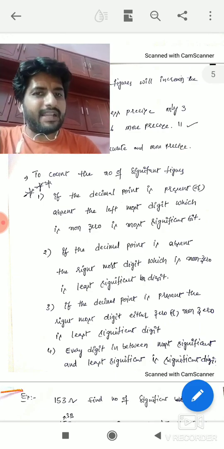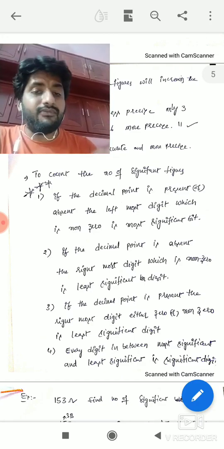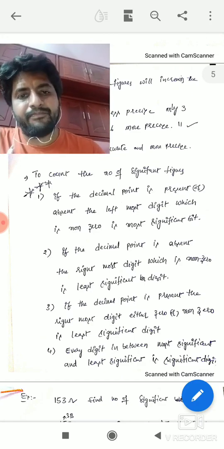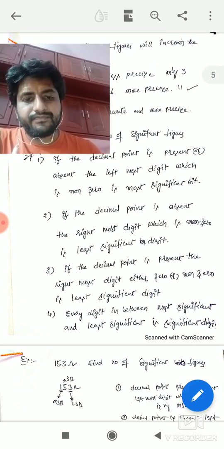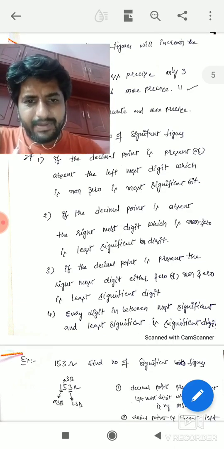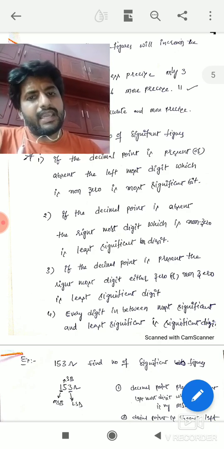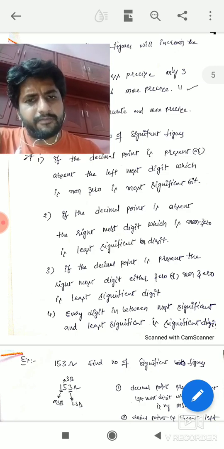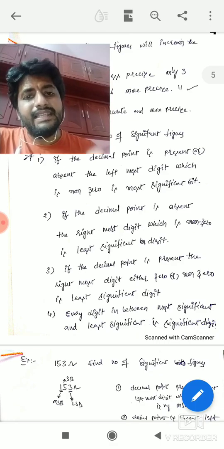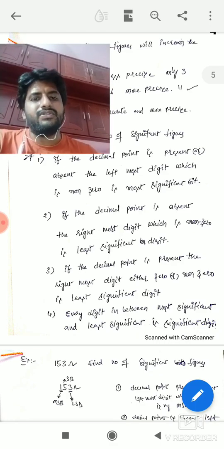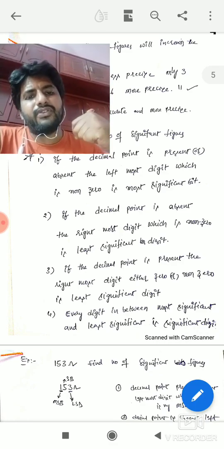See, I don't have any blackboard, just listen to my voice. With an example you can clearly understand. And the third point: if the decimal point is present, the rightmost digit, either 0 or non-zero, we call it the least significant bit.